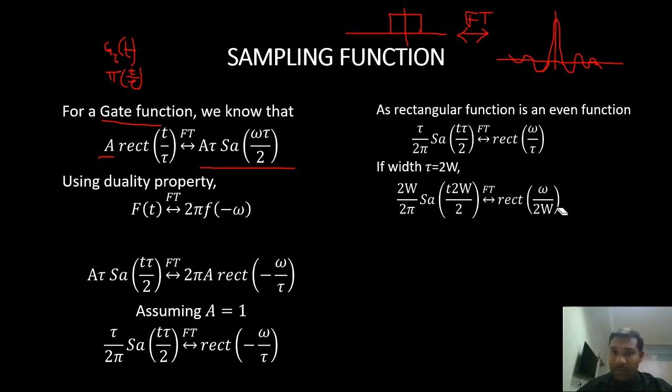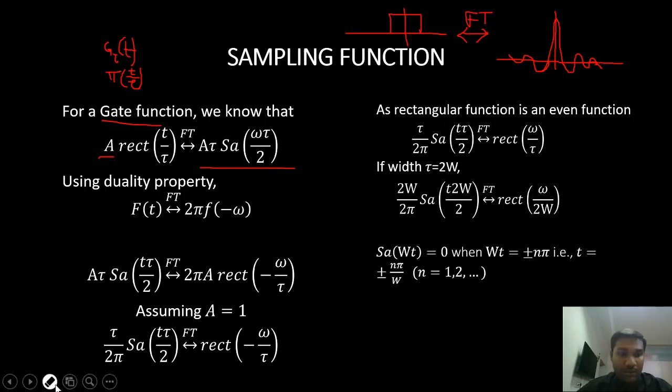Now I'll simplify this further. Here 2 and 2 get cancelled. So what am I left with here? I have w by pi sampling of t w. It has the Fourier transform, a rectangular function of omega with width 2w.